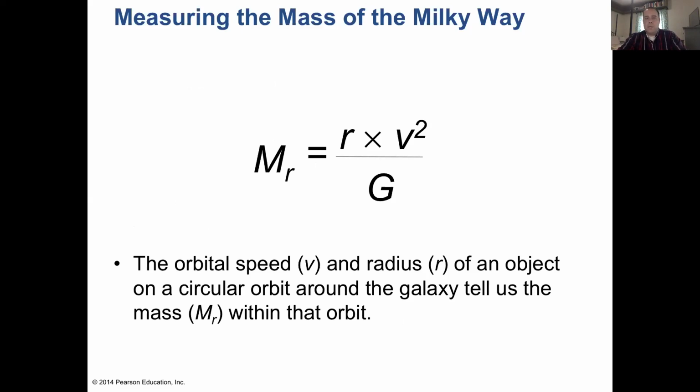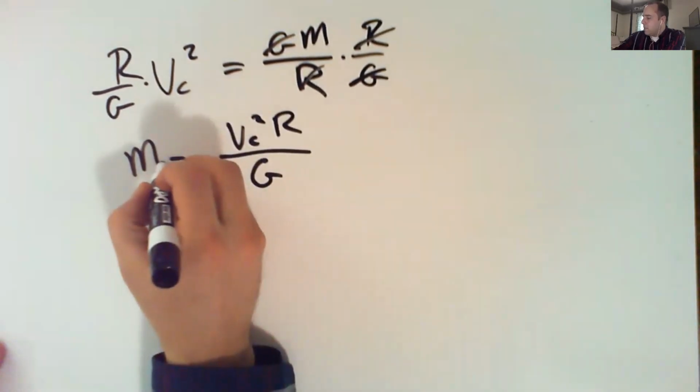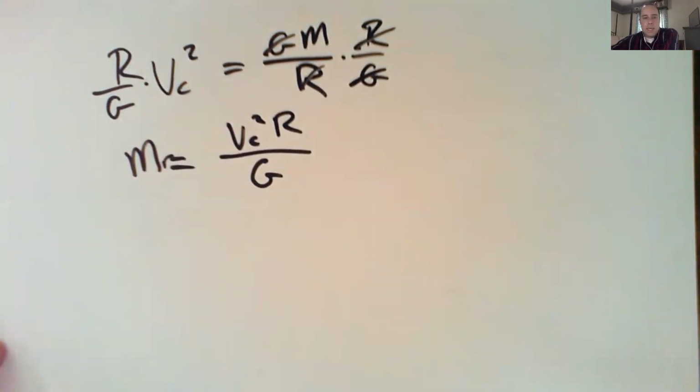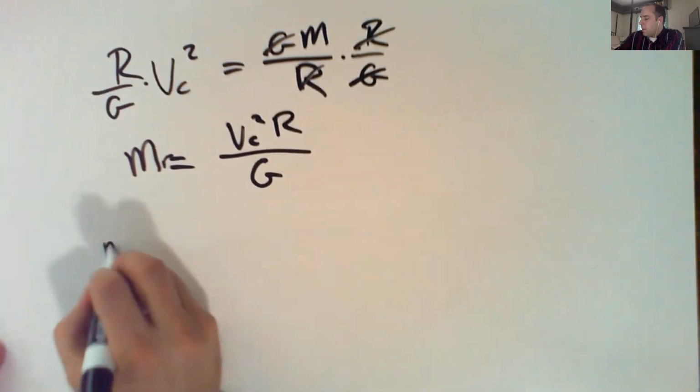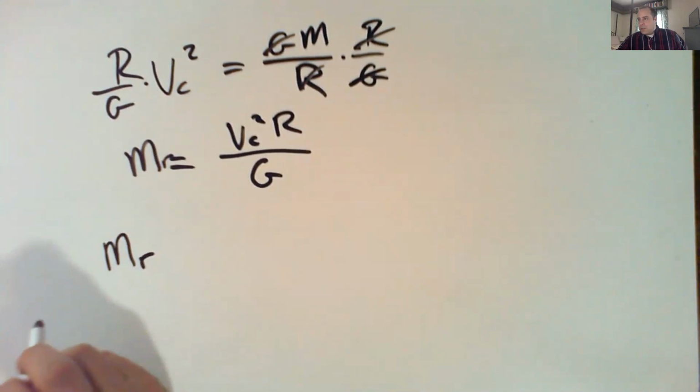So let me go back to my whiteboard. Okay. I'm going to call this M sub r, and there is a reason for that. This is not necessarily the total mass of the object that you are orbiting.